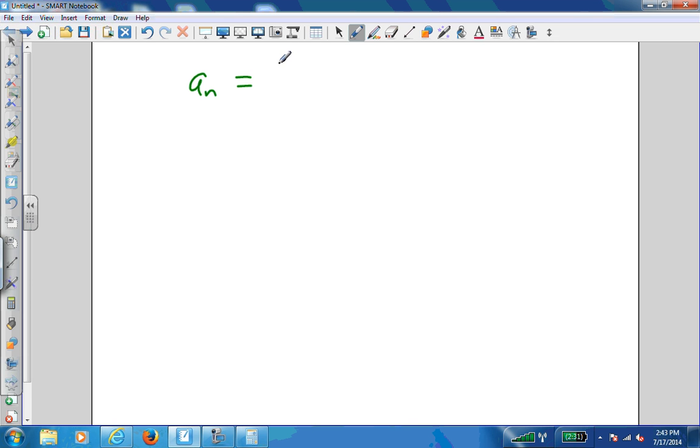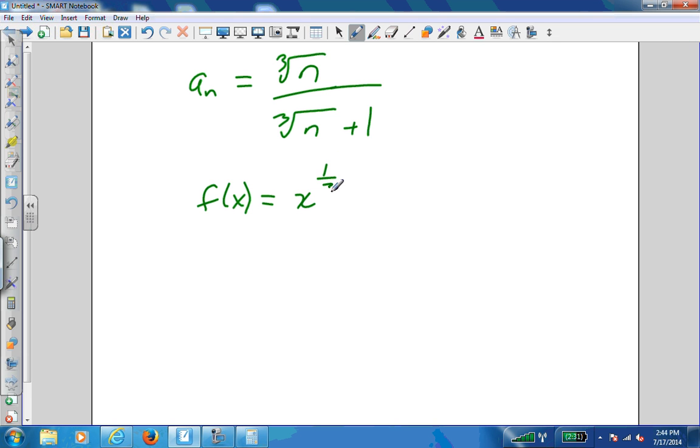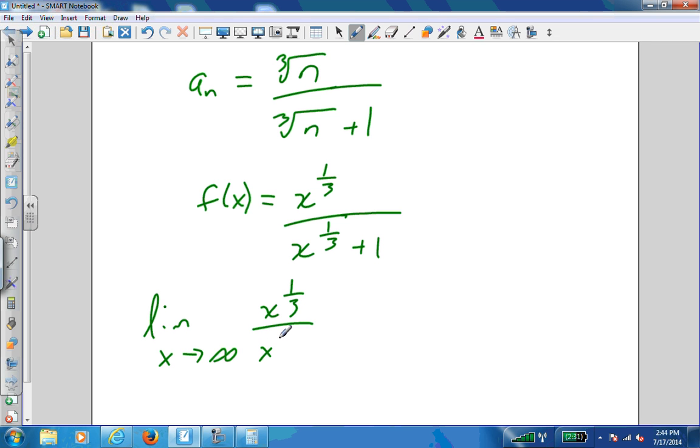If a sub n is the cube root of n over the cube root of n plus 1, there are other ways we could do this other than L'Hopital's, but if we think of the function x to the 1/3 over x to the 1/3 plus 1, and let that go to infinity, then the numerator goes to infinity, the denominator goes to infinity, so that's indeterminate.